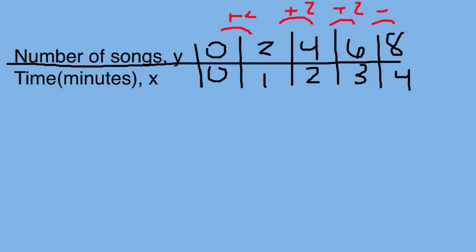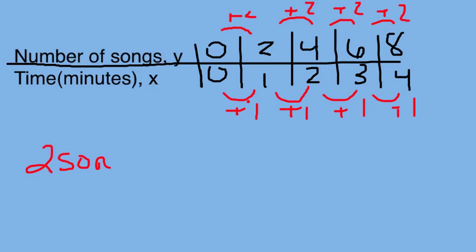And as we add 2 songs each time, we're adding 1 minute. So we could say our rate is 2 songs per minute, or per 1 minute, and that would be a unit rate.